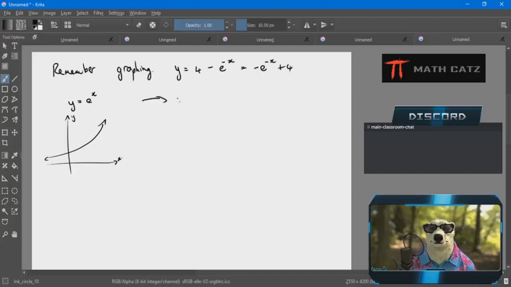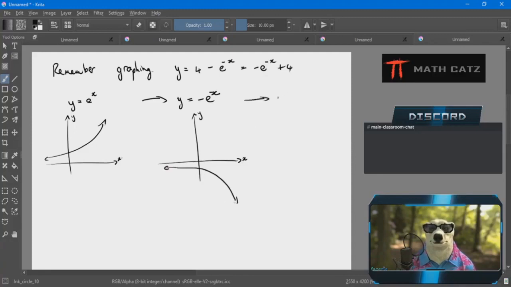It doesn't really matter which negative you take care of first. Let's do the outside one. Negative outside e to the x. What is that going to do to my graph? That is going to flip it in the x-axis. The y values now become negative. So if I do that, I'm going to get something down here.